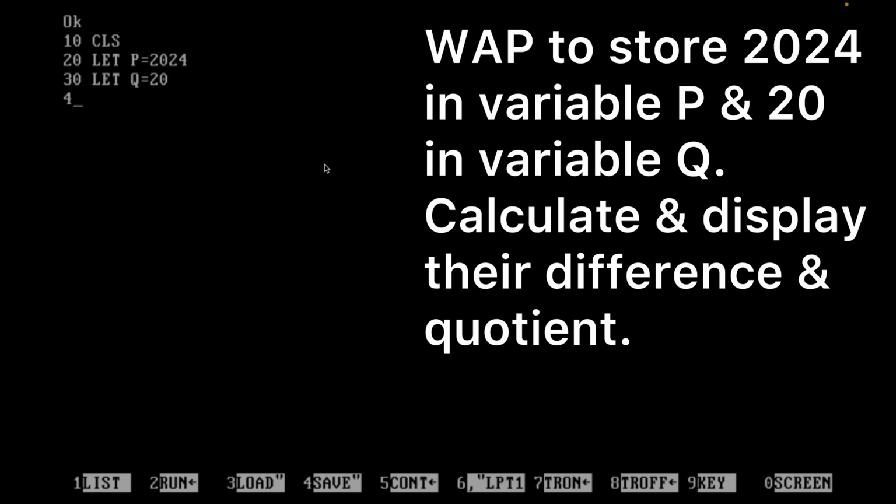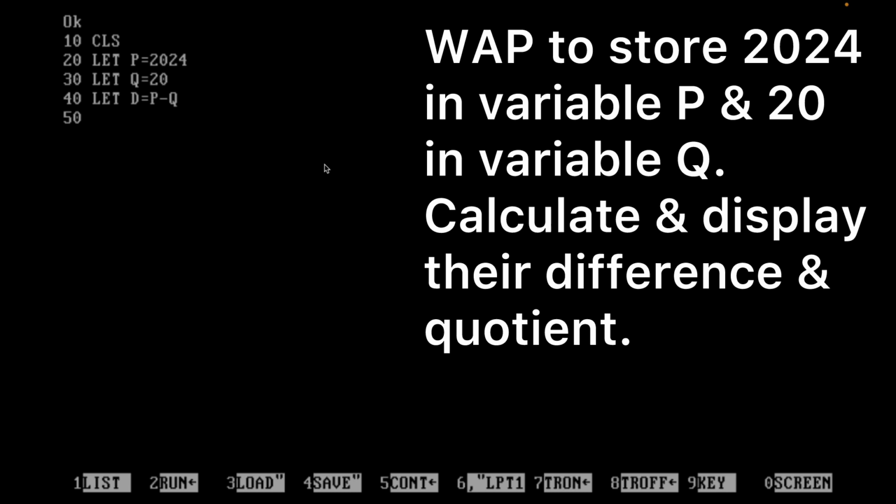Enter, then 40. Now we have to calculate. Whenever we have to calculate, we use the LET statement. Now we have to calculate the difference. So difference we can take as variable D, and difference will be P minus Q. Remember, we do not have to subtract. We just have to put the variables and the computer will do the job for us.